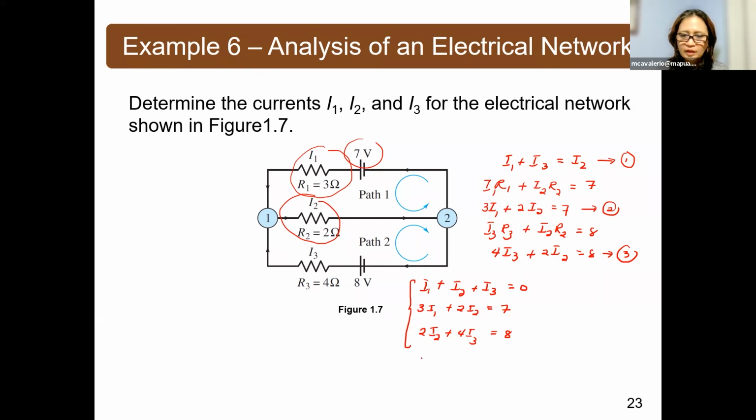What will be the augmented matrix? The augmented matrix will be 1, 3, 1, 3, 0. And then we will have 1, and then 2, and then 2. And for I3, we have 1, 0, and then 4. And they're all equivalent to 0, 7, 8.